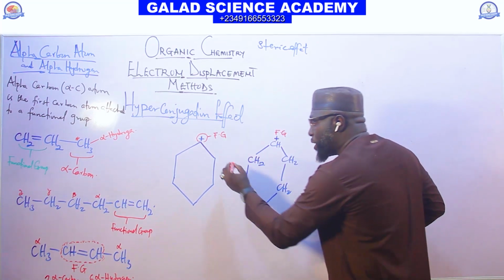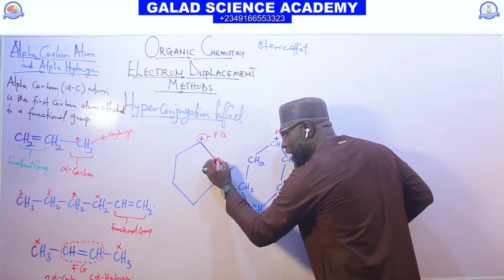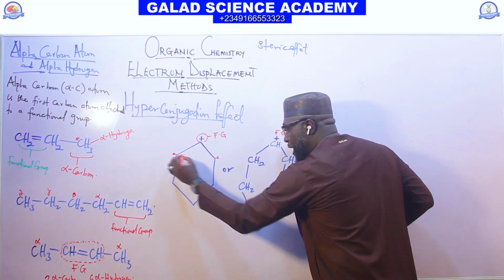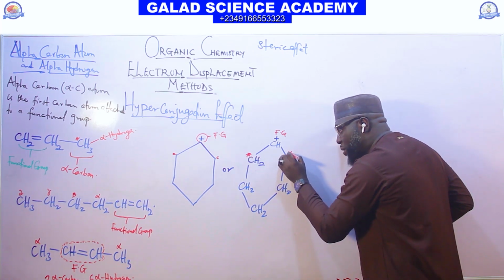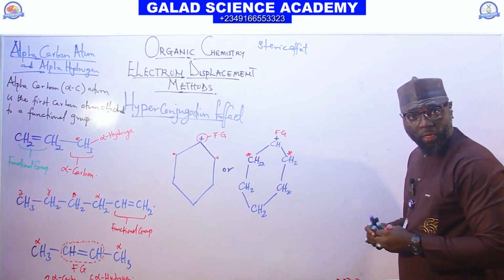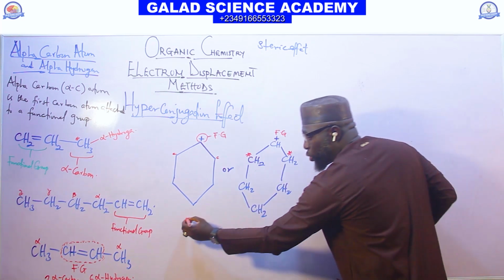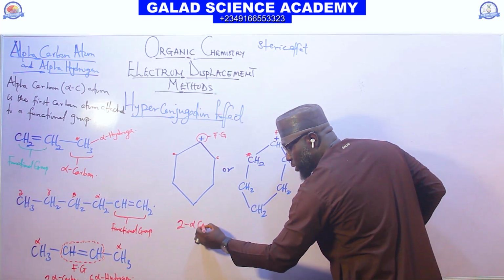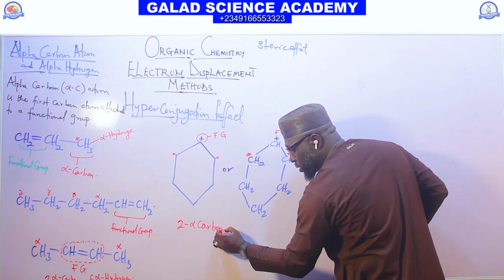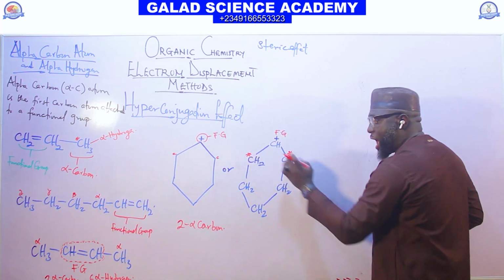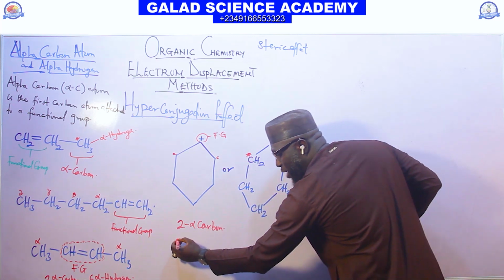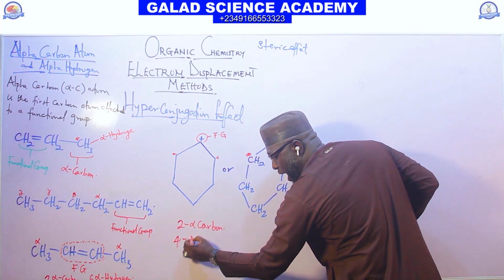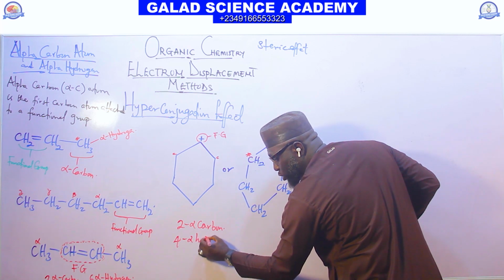So this carbon we have here is alpha carbon, and what we have here is alpha carbon. So automatically in this structure, we have two alpha carbon. How many hydrogen are attached to the alpha carbon here? Two. Here we got two. Then we have four alpha hydrogen.